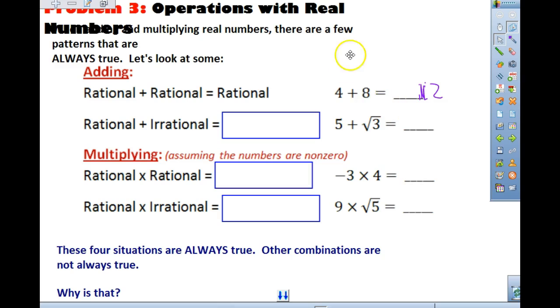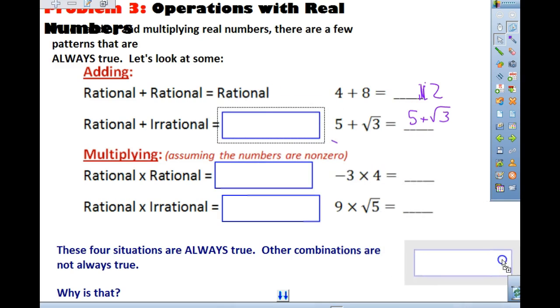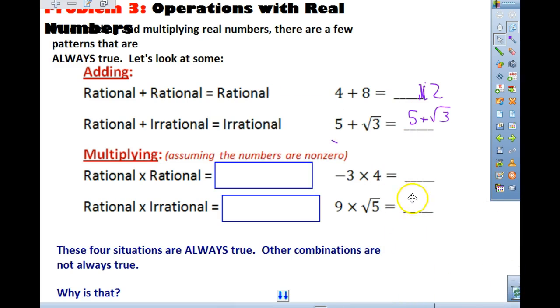If I add any 2 fractions or any 2 rational numbers, I always get a rational number. Now, when I have 5 plus square root 3, that answer in simplest form is 5 plus square root 3. And since square root of 3 is irrational, our answer would be irrational, right? Since square root 3 is irrational, that is my answer, right? When I get down here and I am looking at, this answer is 9.